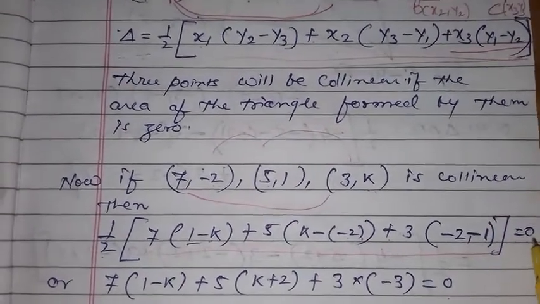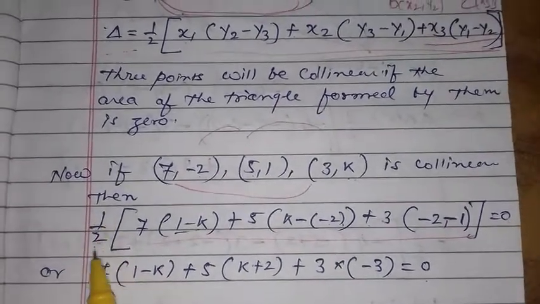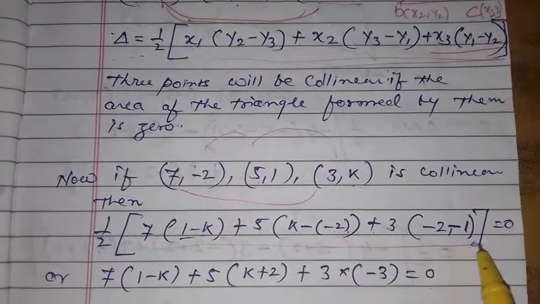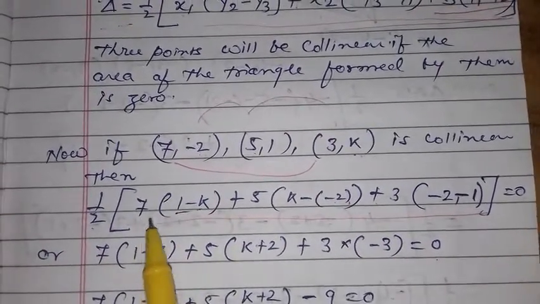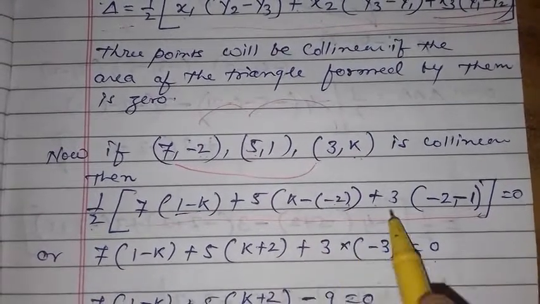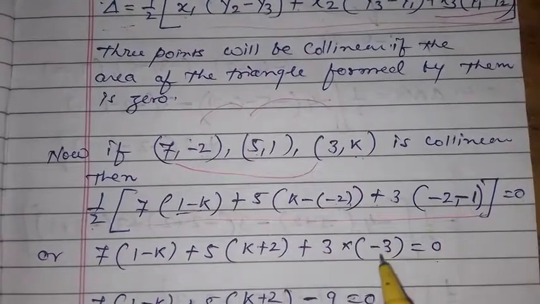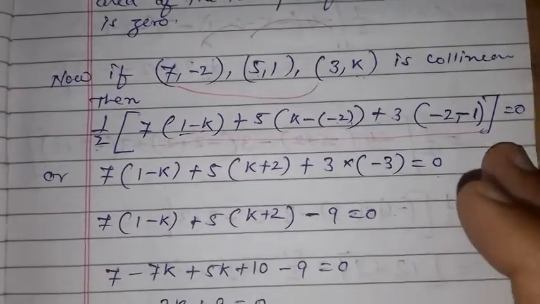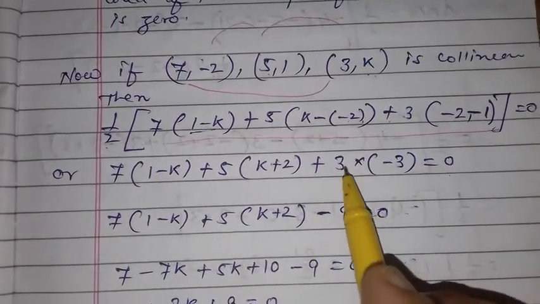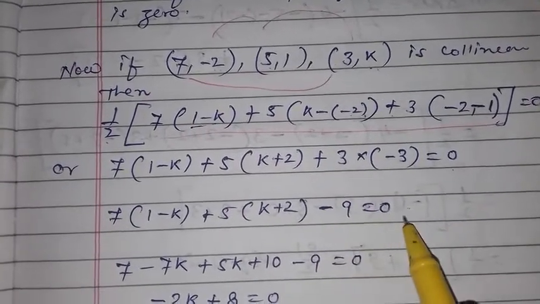Now 1 by 2 into this is equal to 0. This implies this whole will be 0. 7(1 minus k) plus 5(k plus 2) plus 3 into (-3) is equal to 0, and it is 7(1 minus k) plus 5(k plus 2) plus 3 into (-3), that is minus 9, equal to 0.